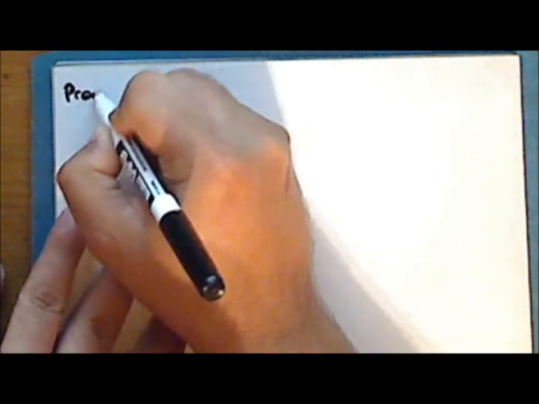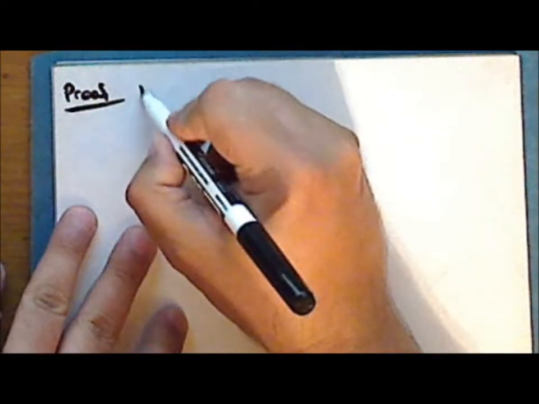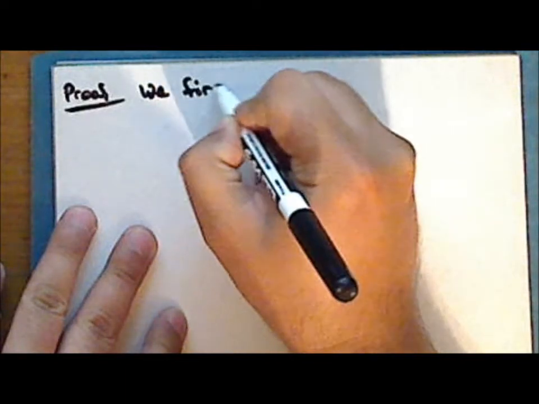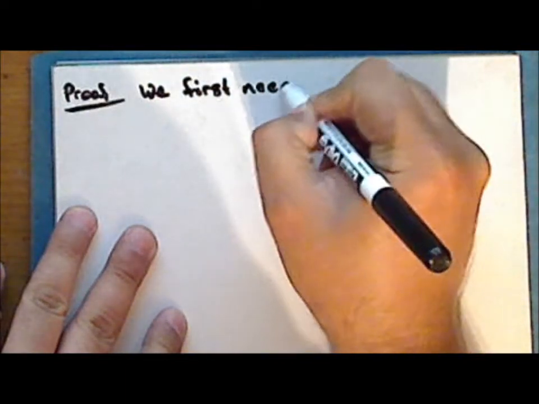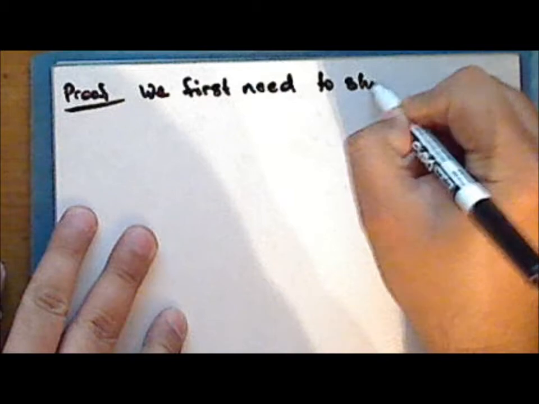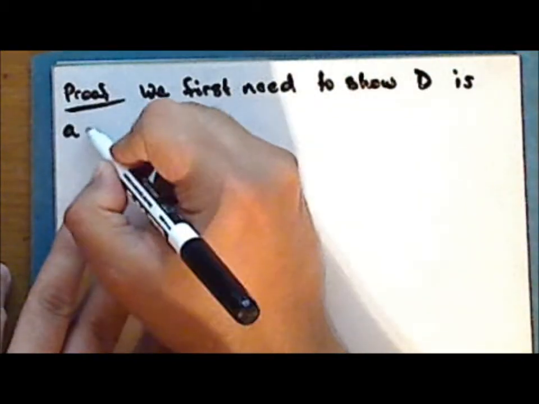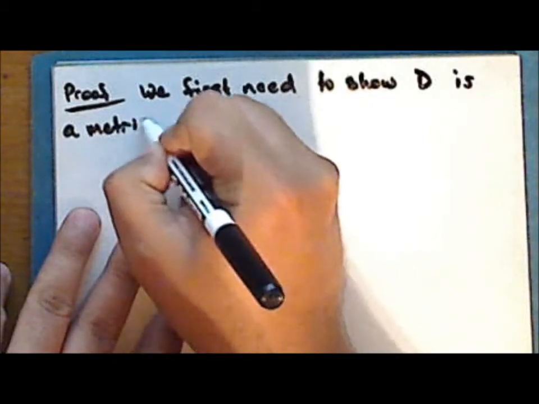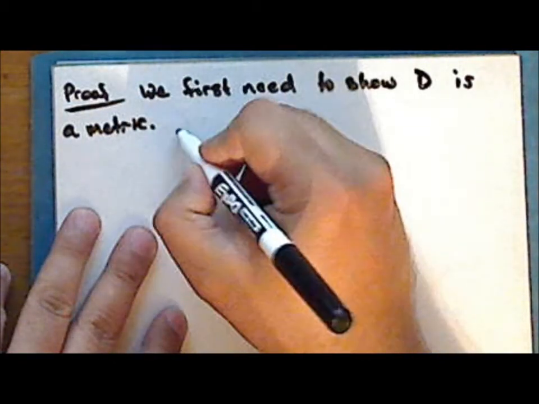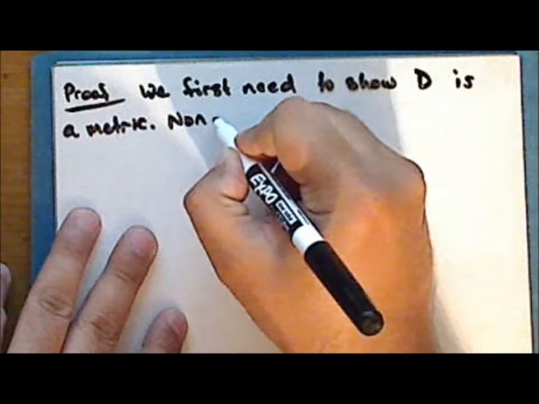Okay, so now we need to prove it. We first need to show that this function D is a metric. Now, non-degeneracy and symmetry are trivial.